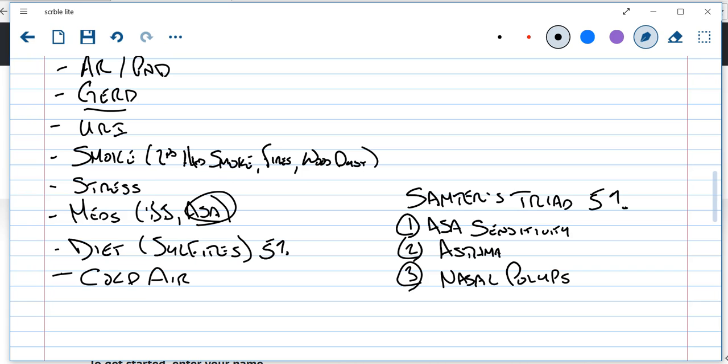Majority of kids under the age of 5 are going to have symptoms of asthma before they're diagnosed. Most common symptom of asthma is what? Cough and wheezing. So why don't we have a lot of kids that are ages 2 and 3 being diagnosed with asthma?